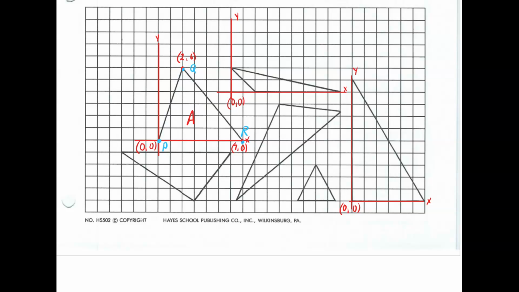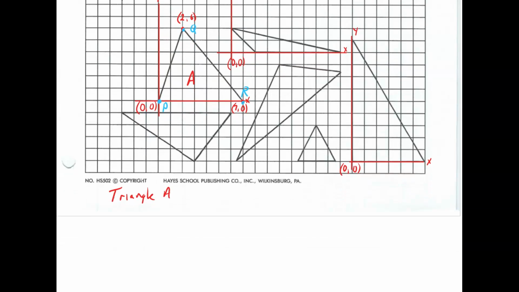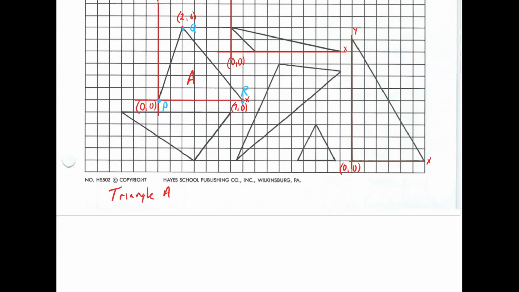All right, so for triangle A, we're going to start out with the midpoint of PQ. Okay, so PQ has a midpoint. Remember, the midpoint is the average of the x's, so it'd be 0 plus 2 over 2.